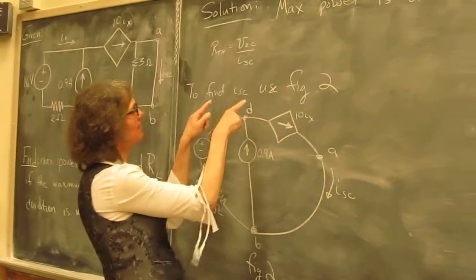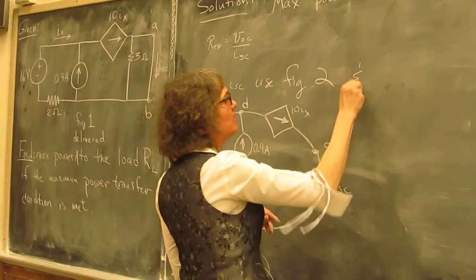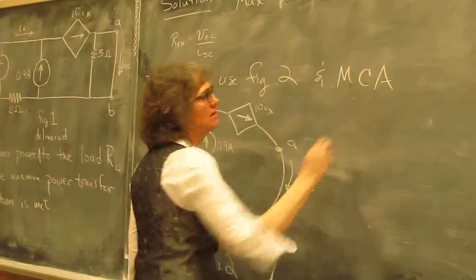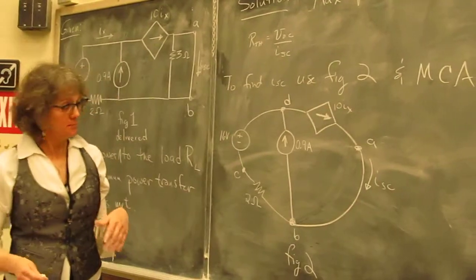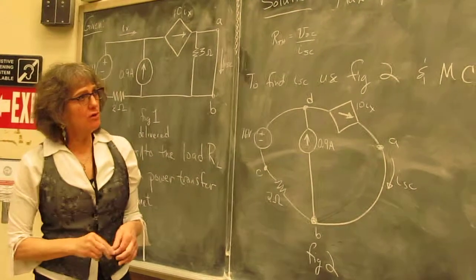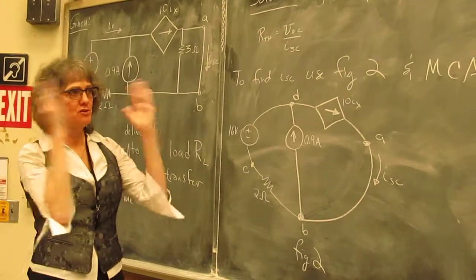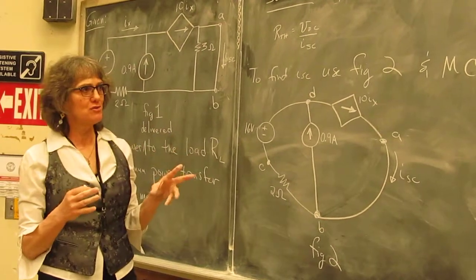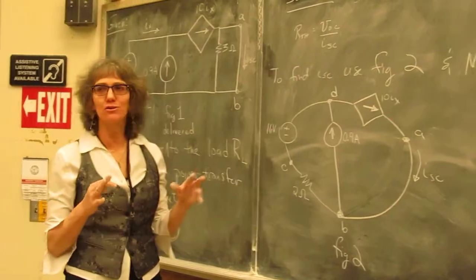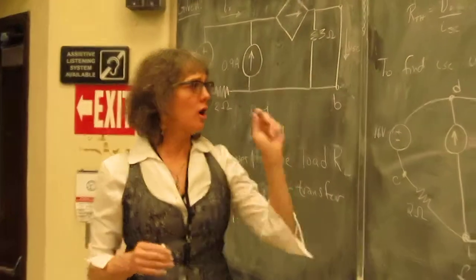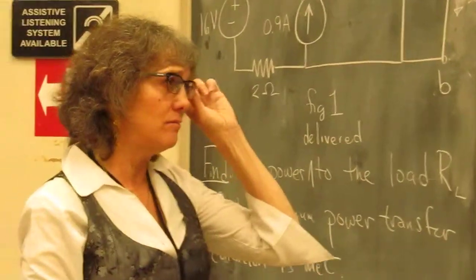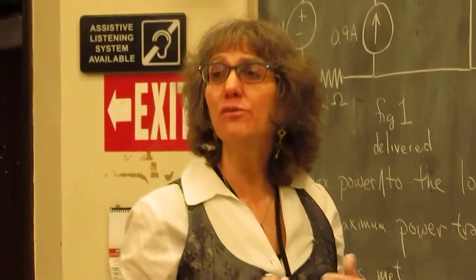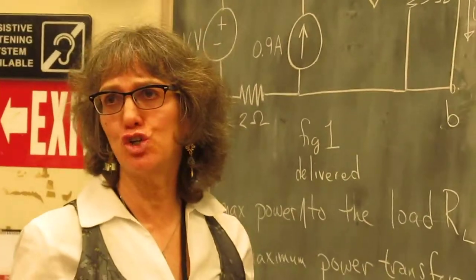Okay, so I'm going to find the ISC with this figure, and this time I'll go with mesh current analysis just to do it. Okay, so we're going to do the same steps. Do like the super Kaufmyn. Draw, label, something about dependent sources, something about super something, and Kirchhoff. So draw, we've just drawn it, great. Label, so in this case we want to label the mesh currents.